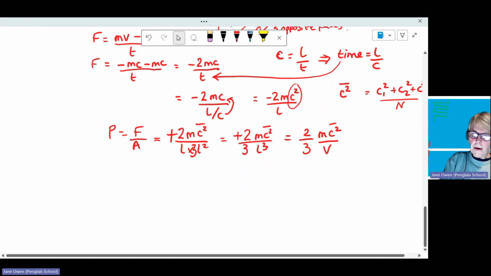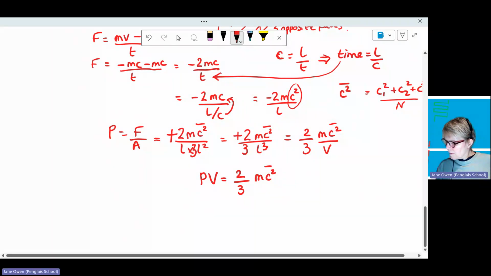Now I can combine it so that PV equals 2/3 mc squared. Some things are not quite right. The distance is 2L.